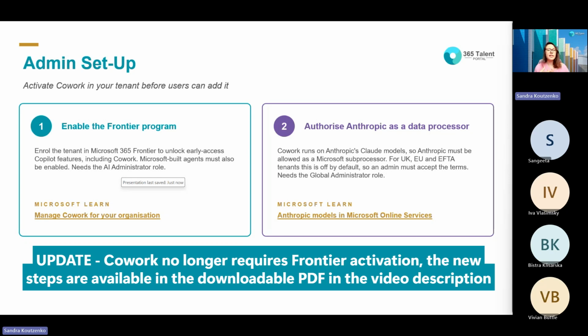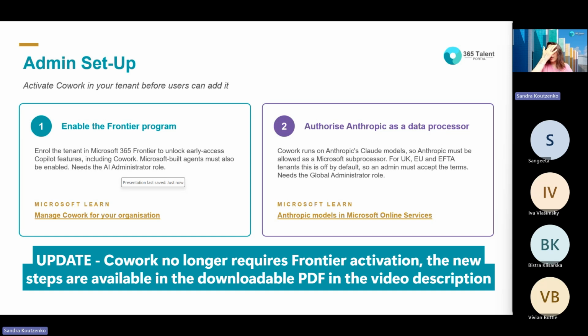The two things that need to be done are, first, you need to enable frontier features inside your Microsoft 365 tenant. Now, that means access to currently Cowork, but also all and any preview AI features that Microsoft is still working on and are not yet released to the general public.